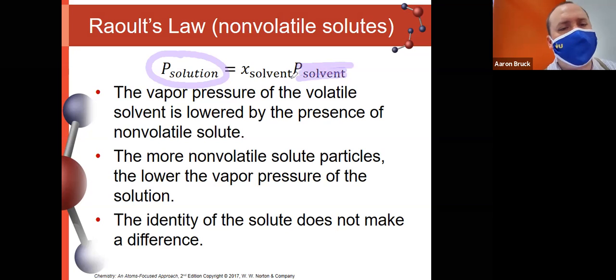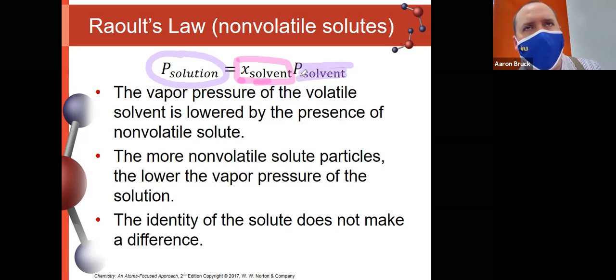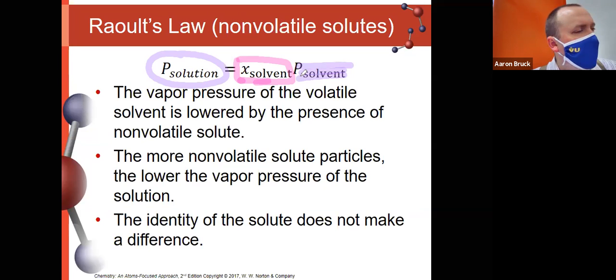The vapor pressure of the pure solvent, so that is the solvent with nothing in it, and its concentration. Now, the concentration in this case is the mole fraction of the solvent. So the more concentrated the solution is, that is, the more solute is present, the more of an impact it's going to have on the vapor pressure itself.